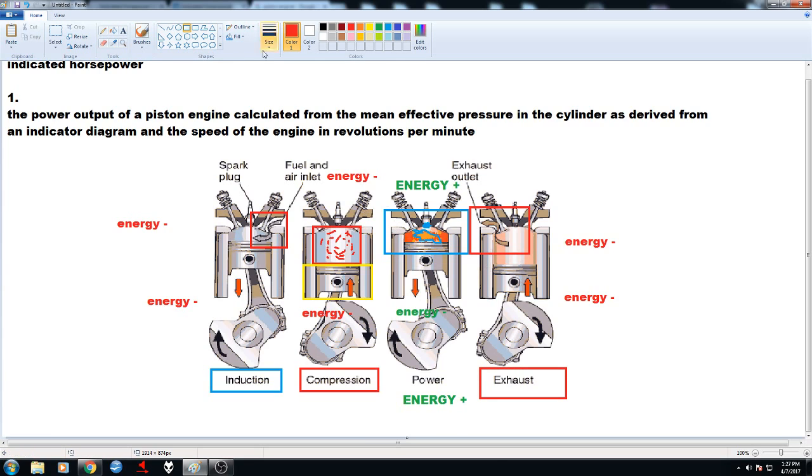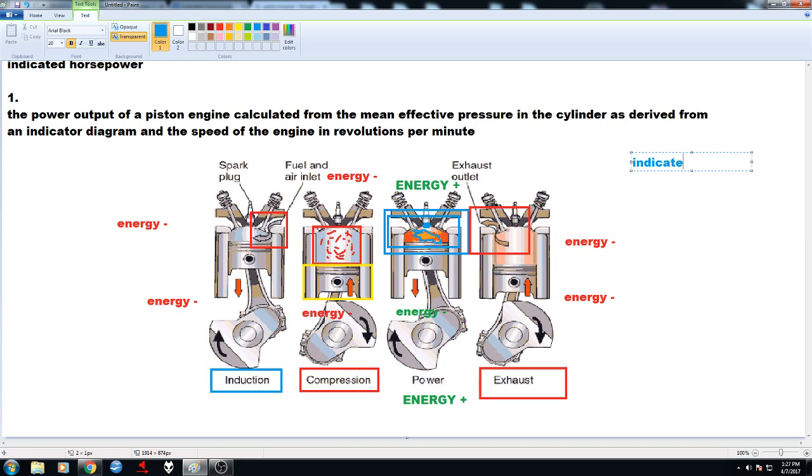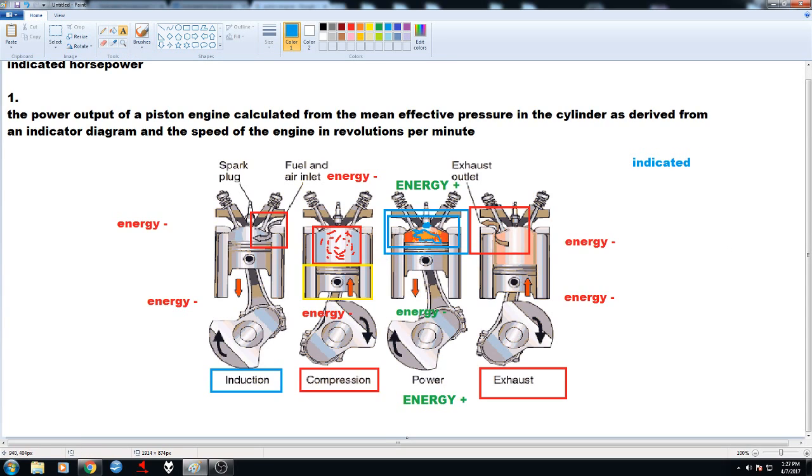Now the blue point right here that I drew, the size of our explosion, is our indicated measurement. That is before any of the energy losses right here take place.